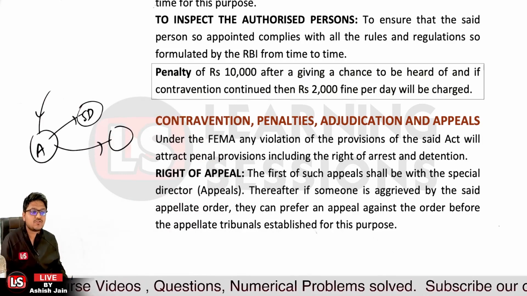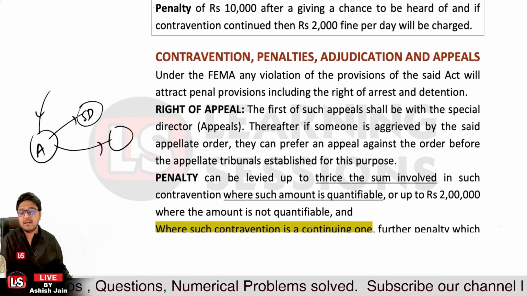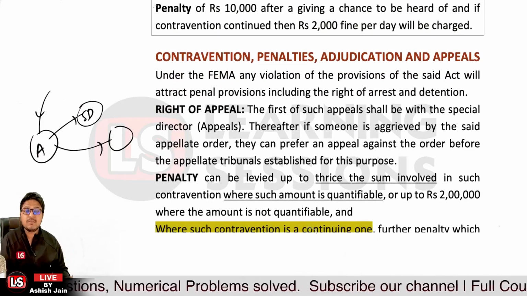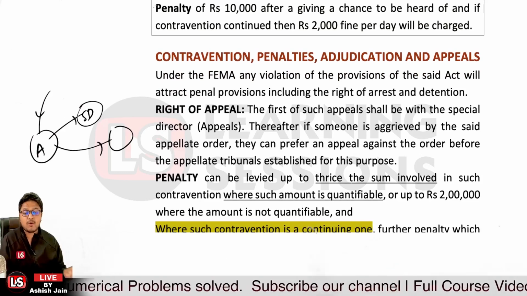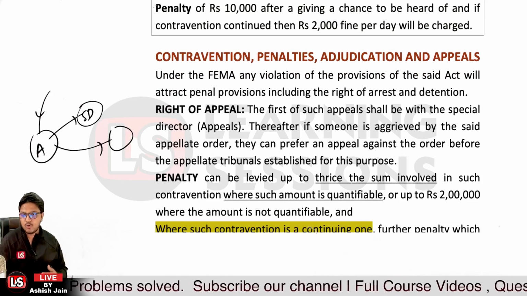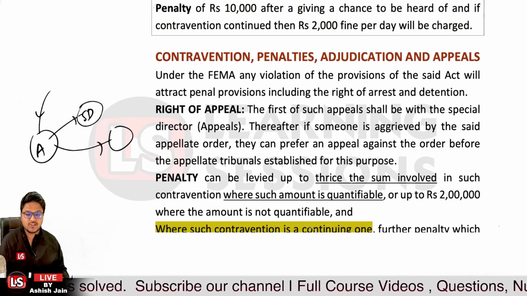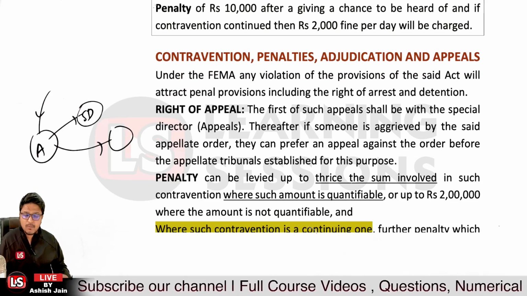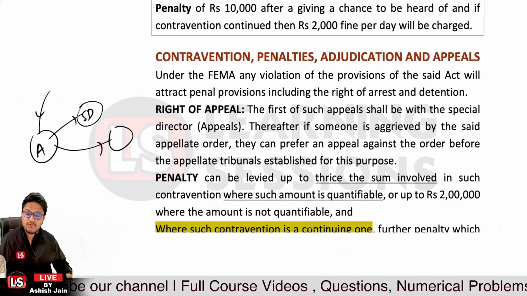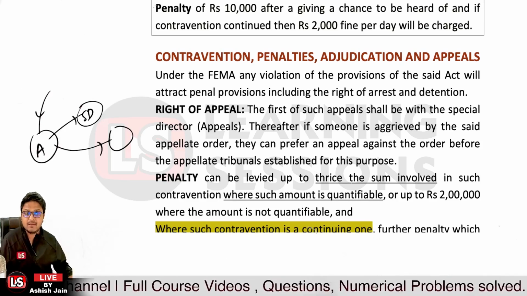Okay, so that's related to it. And the penalty can be levied up to thrice the sum involved in such contravention. If the amount is not quantifiable, that is, if I don't know what amount is involved in the transaction, then a penalty of up to thrice the amount involved can be imposed.